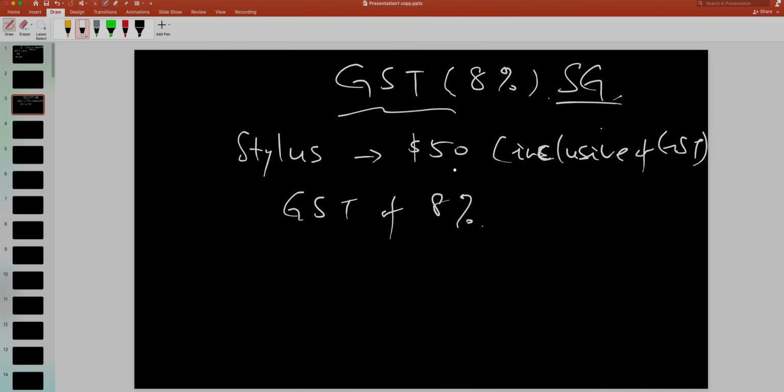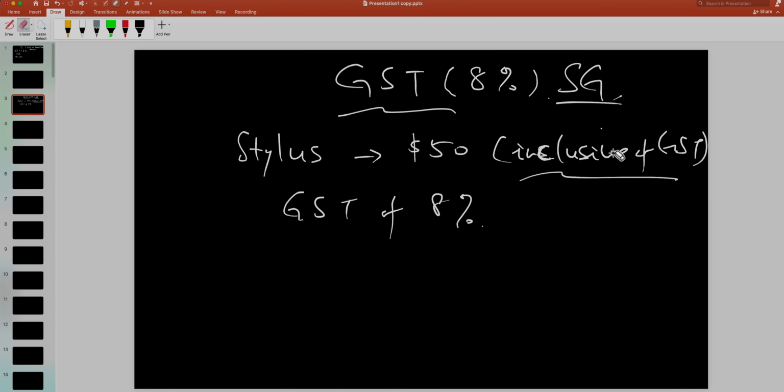Yes. So the $50 actually already includes the GST if they have this sentence. If they never say anything, that means the GST is not included yet. So if they have this statement inclusive of GST, that means the $50 already has the GST.